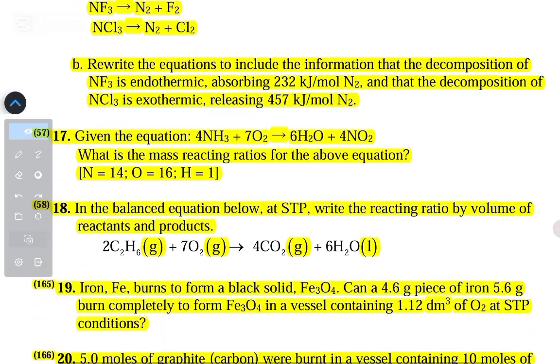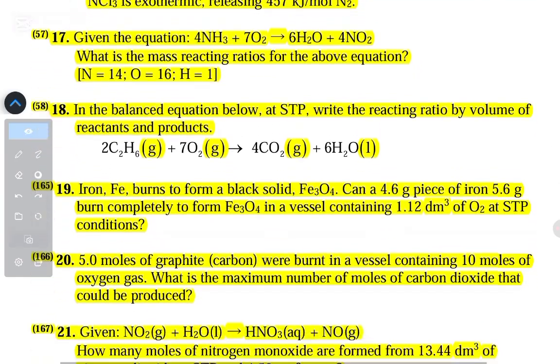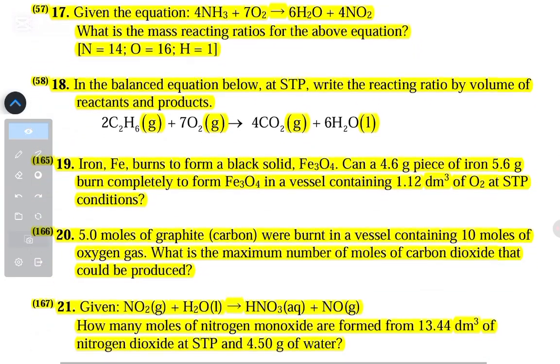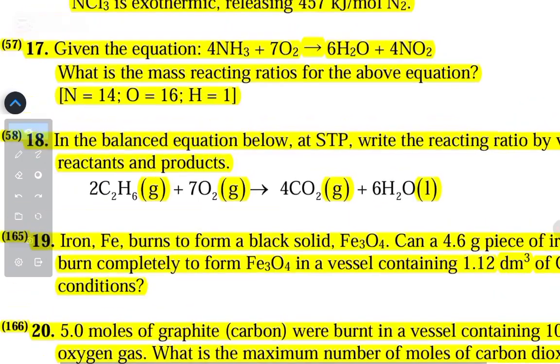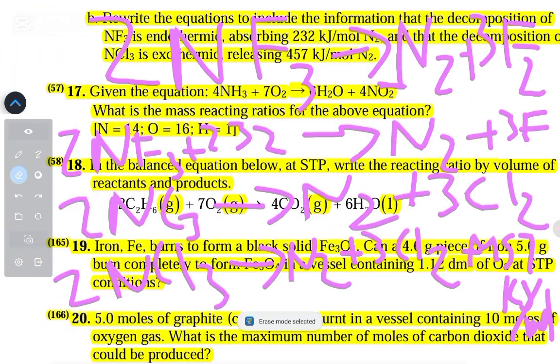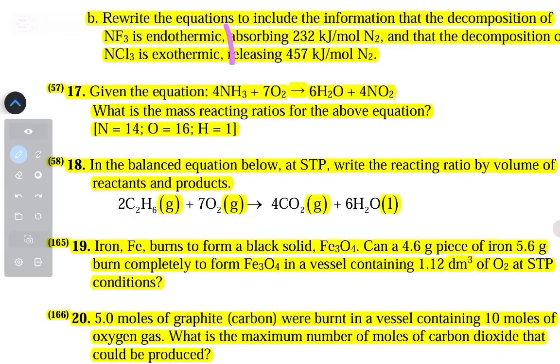Given the equation 4NH3 plus 7O2 gives you 6H2O plus 4NO2, what is the mass reacting ratios for the above equation? Mass we know is equal to mn. We already know the moles: 4, 7, 6, 4. So for mass reacting ratios, for the first one, NH3, N is 14, so we have 1 N and 3 H, so 14 plus 3 is 17.